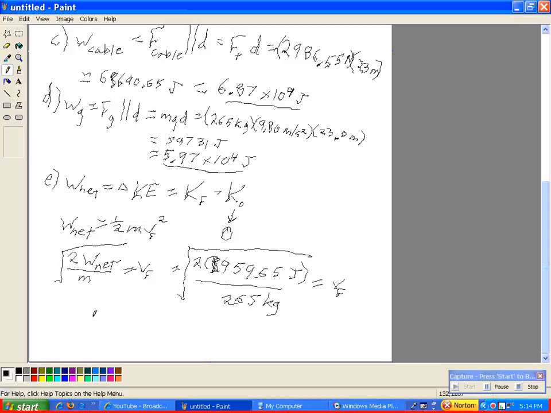What that comes out to is, let's use a new line for this, 8.223138... meters per second.